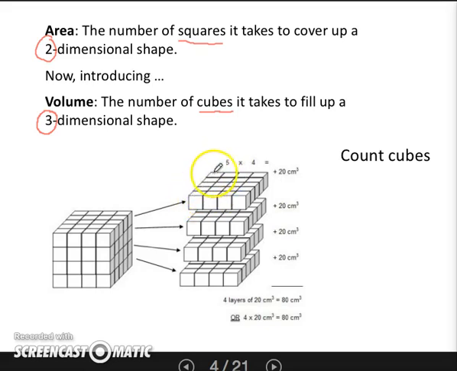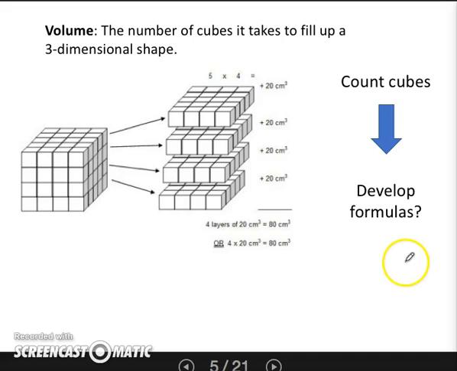This is a 5 by 4 rectangle, so that's 20 cubes in one slice, and then we have 4 slices like that, so 4 times 20 would give us 80 cubes in all, and so the volume of this figure would be 80 cubic units.